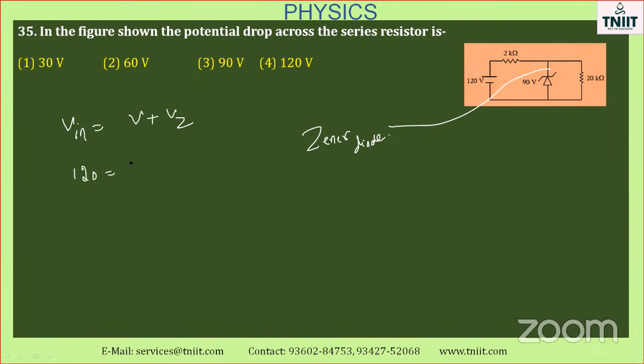The Zener voltage is 90 volt. So what is V? That is 120 minus 90, which is 30 volts. So the potential across the resistor is 30 volts.